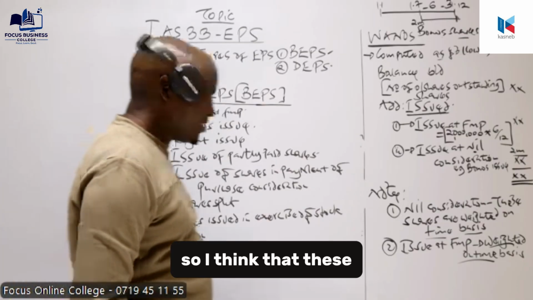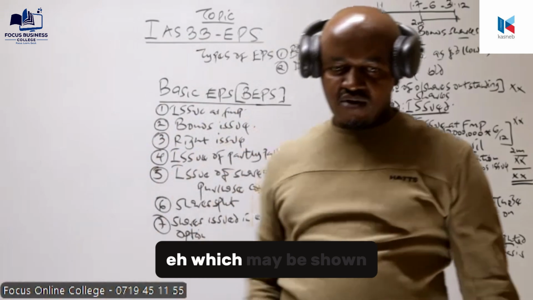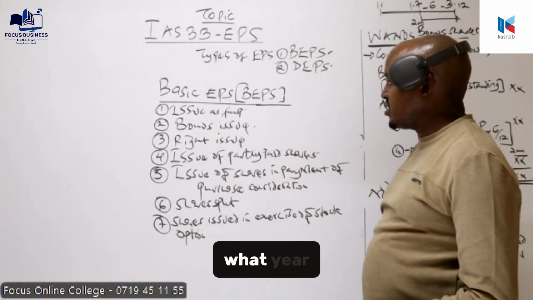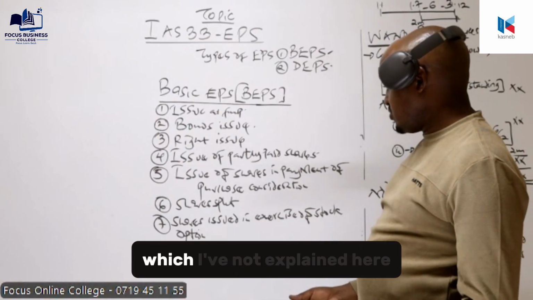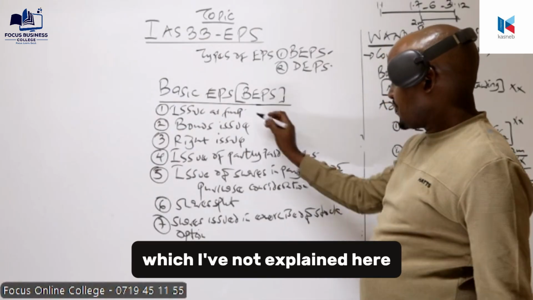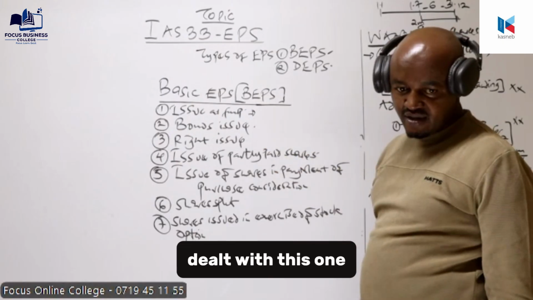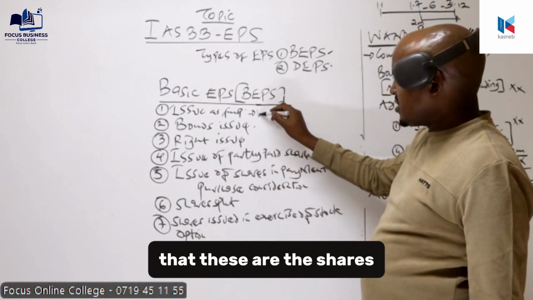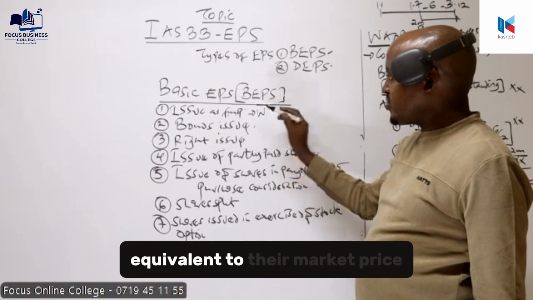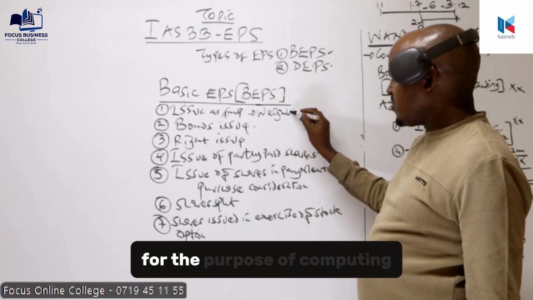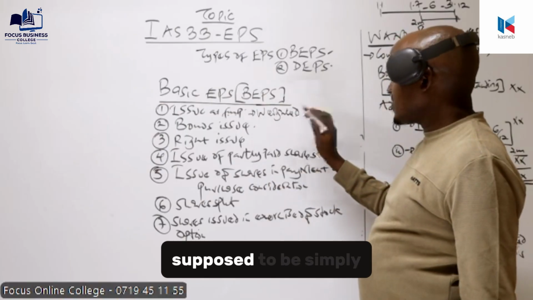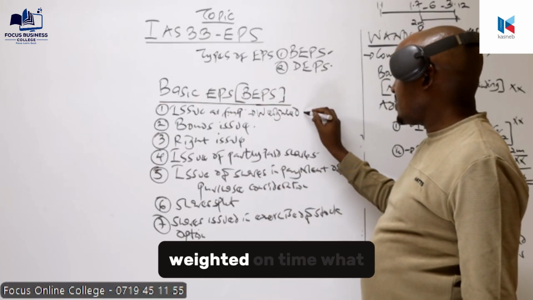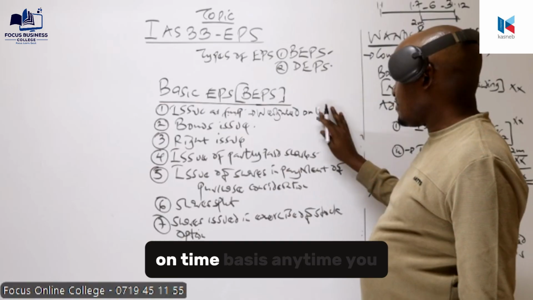So I think these are the different types of shares which may be issued by the company during the current year. Now, I'll briefly explain some of them which I've not explained here. I think I've already dealt with this one. Basically, these are the shares which are issued at a price equivalent to their market price. For the purpose of computing the weighted average number of shares, these shares are supposed to be weighted on a time basis.